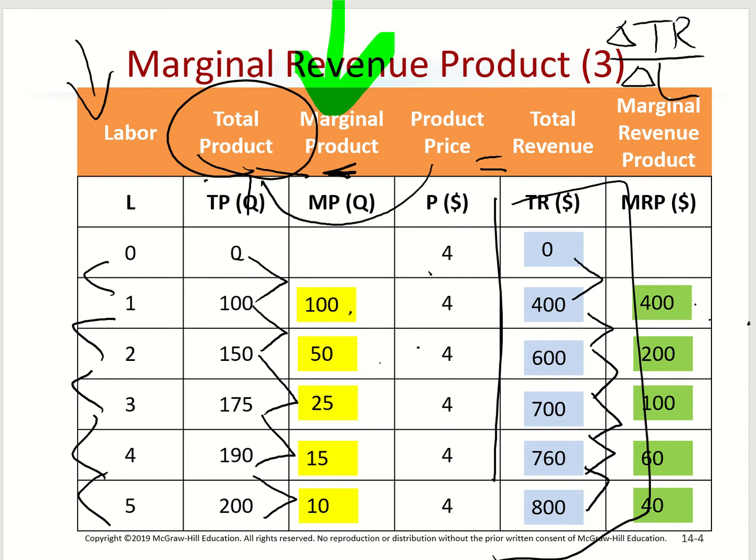The difference from 0 to 400 is 400, from 400 to 600 is 200, and from 600 to 700 is 100. So the change in total revenue divided by the change in labor is your marginal revenue product. That means by hiring one more worker, that's how much extra revenue one worker can produce.